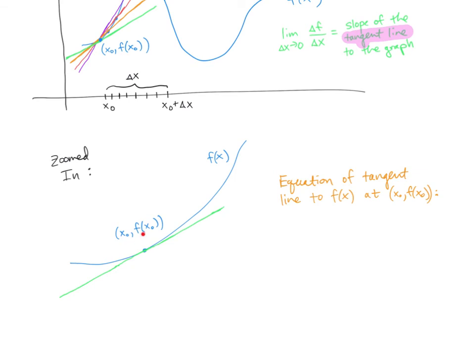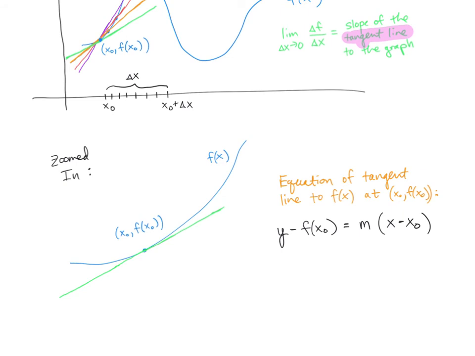It goes through the point x naught, f of x naught. So if we write the equation in point slope form, y minus f of x naught equals the slope of the tangent line, which we'll just denote m for the second, times x minus x naught, because the tangent line goes through the point x naught, f of x naught.